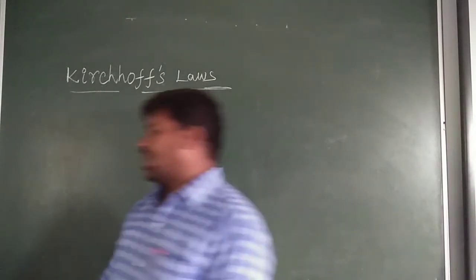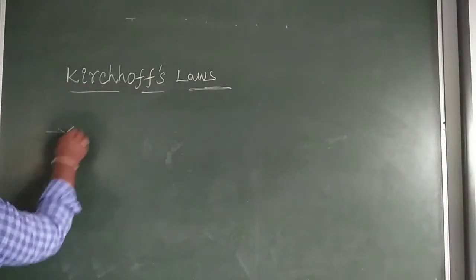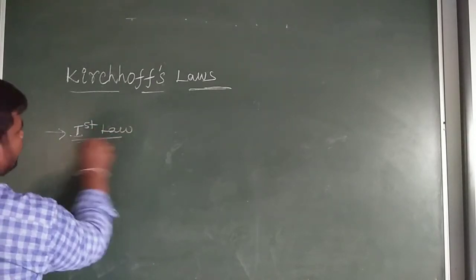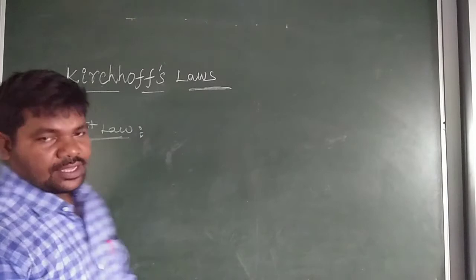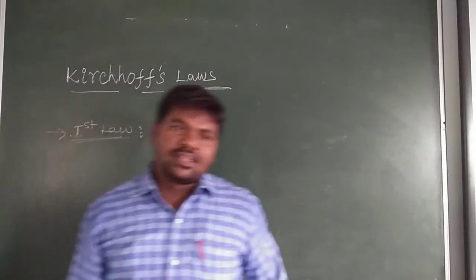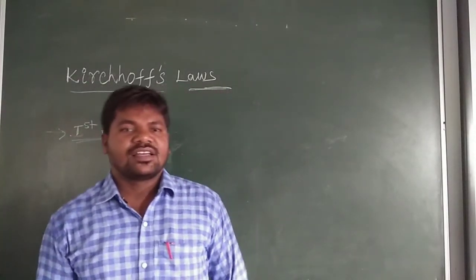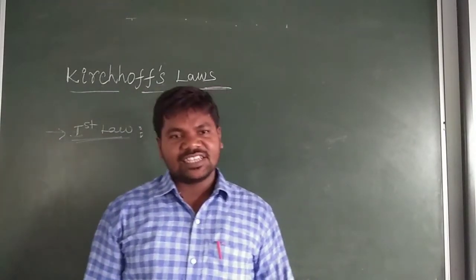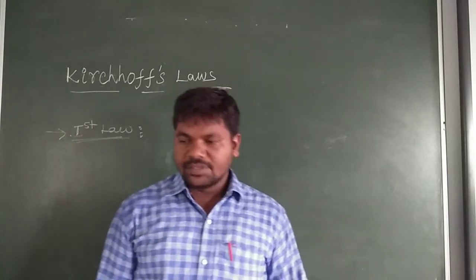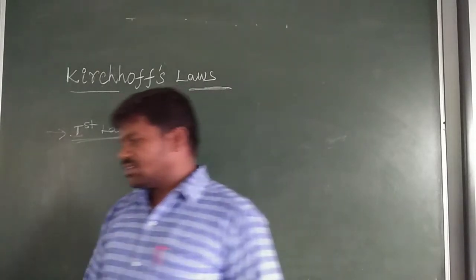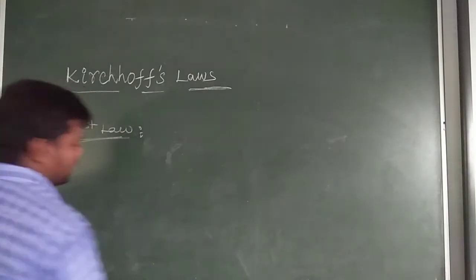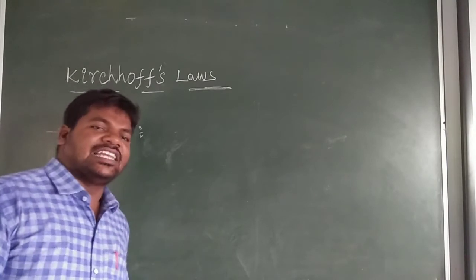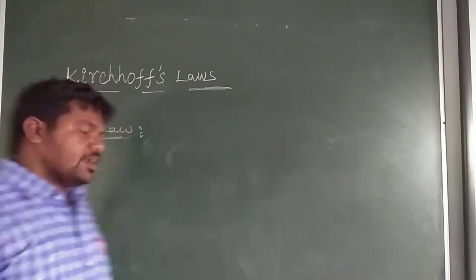Coming to Kirchhoff's first law: the algebraic sum of the currents meeting at a point in an electric circuit is always zero. That means at the junction, the currents entering the junction equal the currents leaving it.